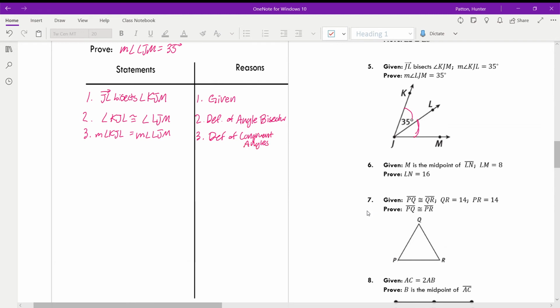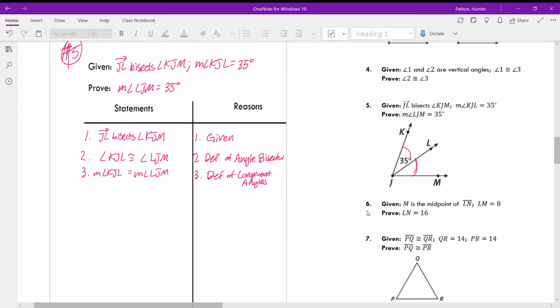Now, I know something about the measure of angle KJL, so let's state that, since I've introduced it. The measure of angle KJL is equal to 35 degrees. Okay, this is given.